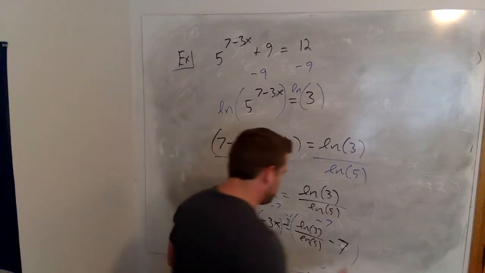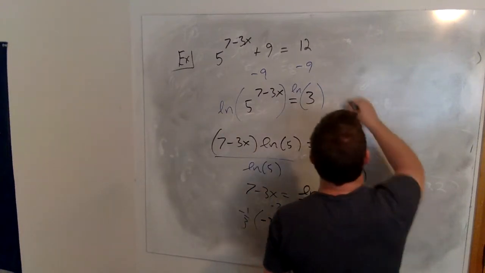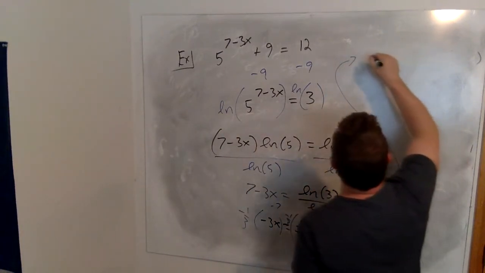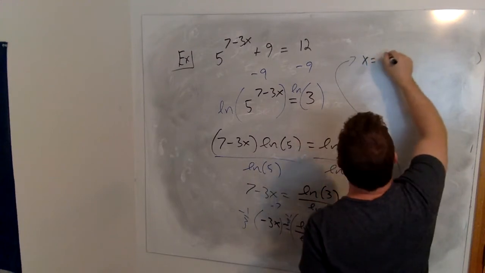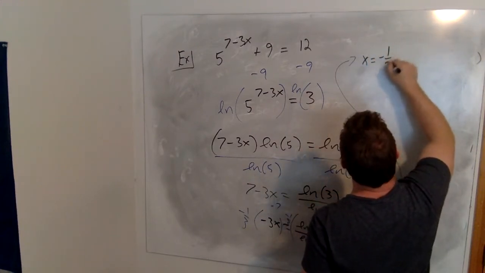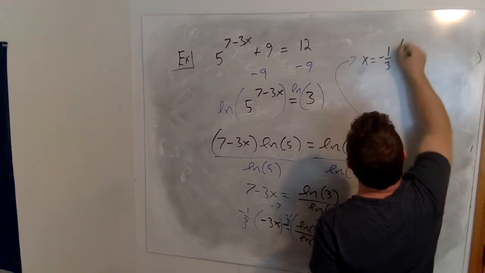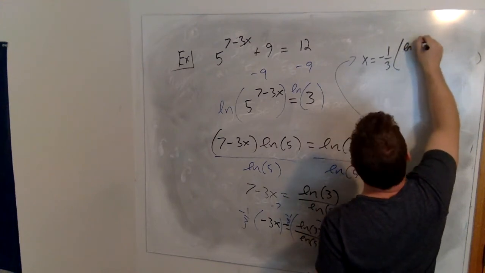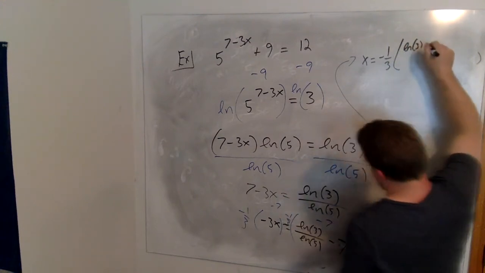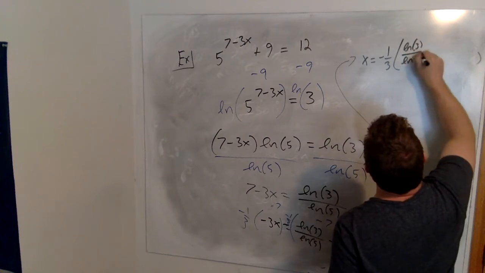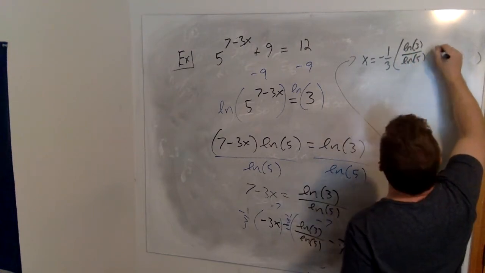So we'll move this up over here. So we have that x is going to be equal to negative 1/3 times the natural log of 3 over the natural log of 5 minus 7.